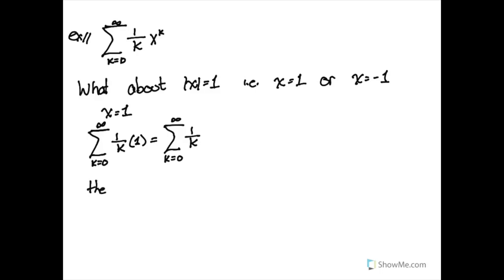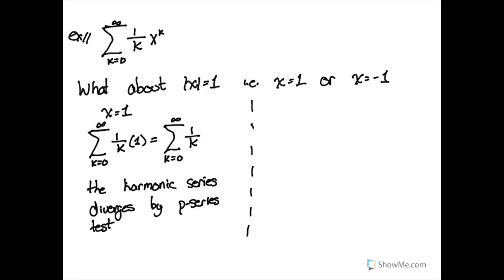This is the harmonic series, and we know from past lectures and the p-series test that the harmonic series diverges. So therefore the power series diverges at x equals 1.